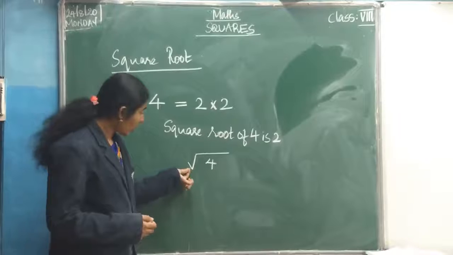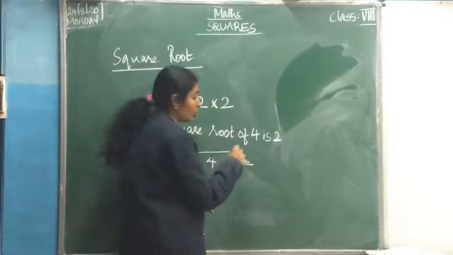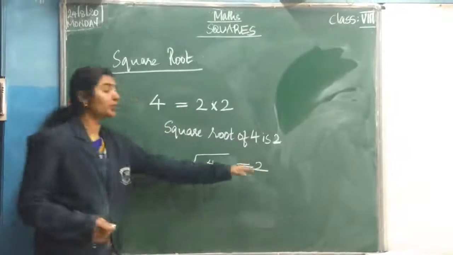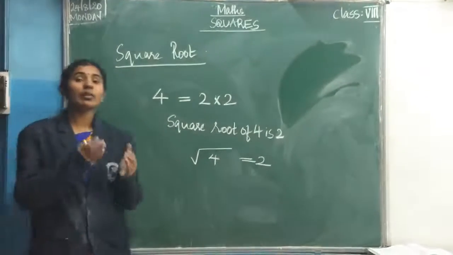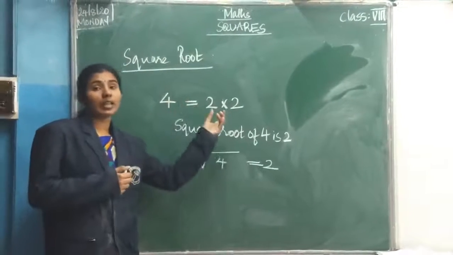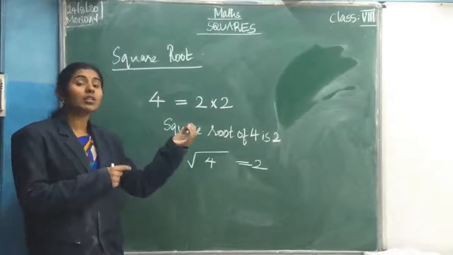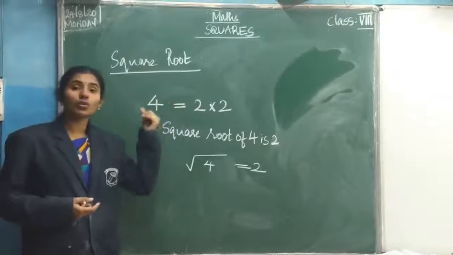Read it as square root of 4. What will you get? 2. So square root of 4 equals 2. So what does square root mean? When you are given one number, you find it by multiplying the same number 2 times. So the square root of 4 becomes 2.